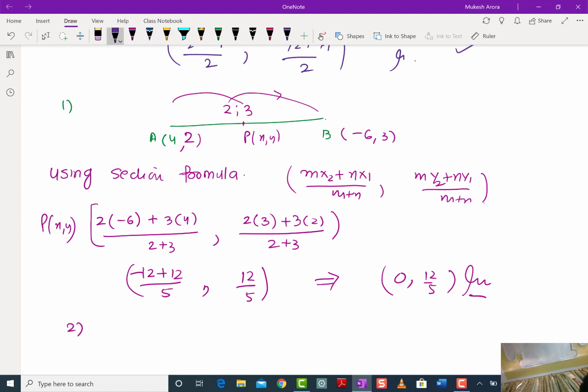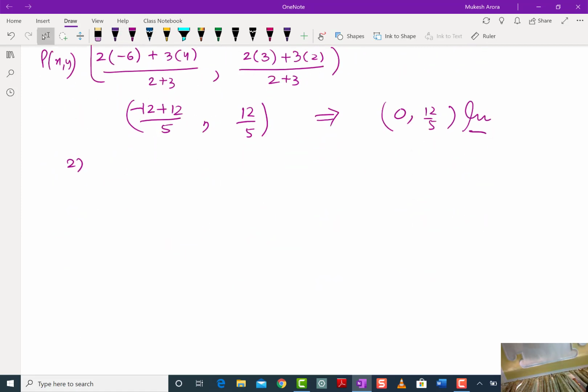Now the second question is where we have to find the ratio.